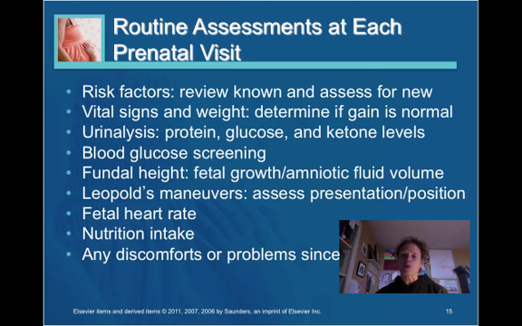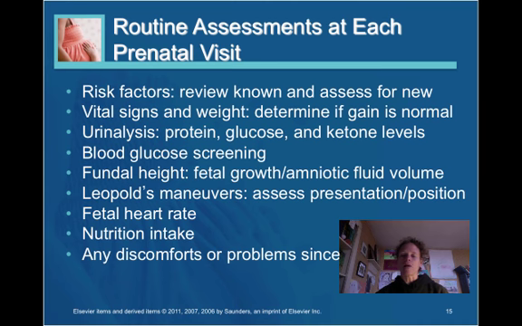Urinalysis, you want to be looking for protein, glucose, and ketones primarily. And in the next presentation, we'll talk specifically about why we want to be looking for those. Blood glucose screening, once again, there is a concern or a vigilance towards looking out for gestational diabetes. The fundal height is a way that the fetal growth can be assessed.